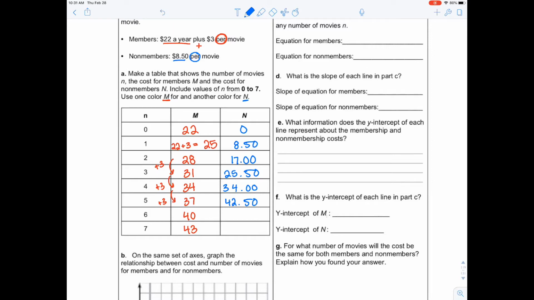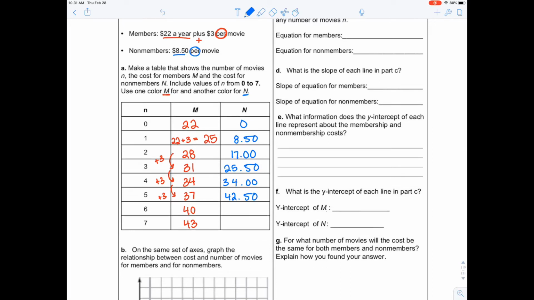Add another $8.50. Sorry, I'm doing this in my head. That's why it's taking me a little while. That's going to be $51. And then add another $8.50. It's going to be $59.50.